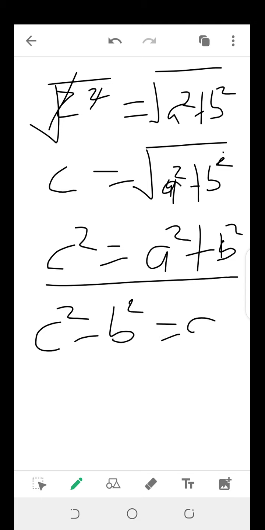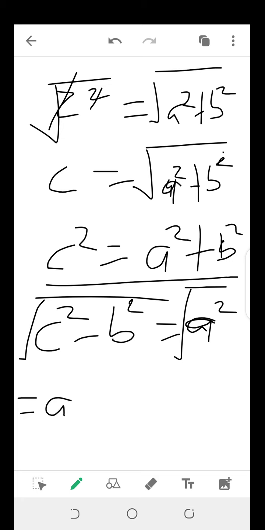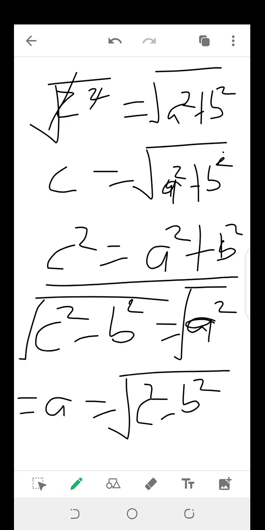Now go to A squared here. So for us to find A, we square root both sides. Square root of A squared gives us A, and then square root of this one, put them in the root, so we get the root of C squared minus B squared.